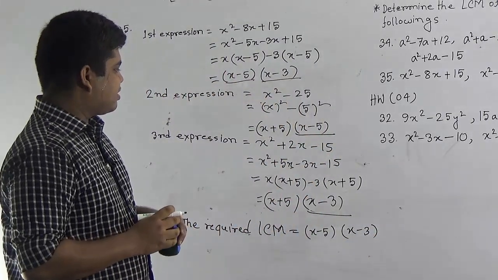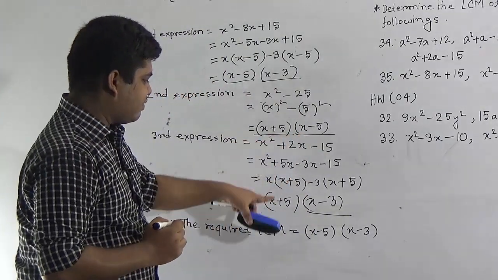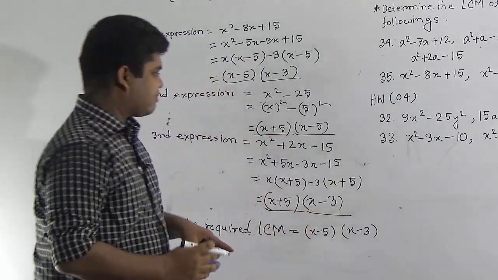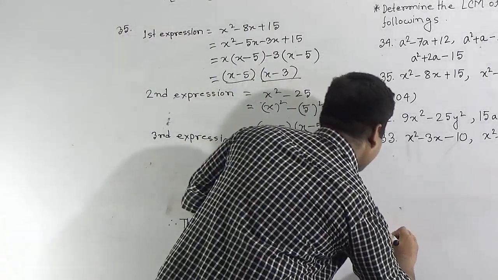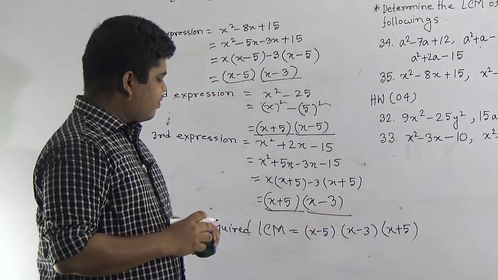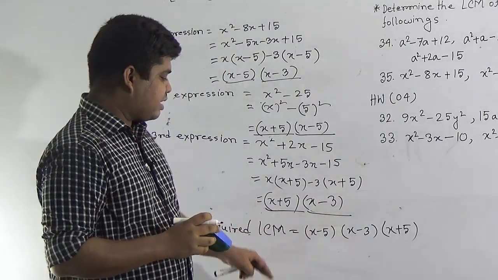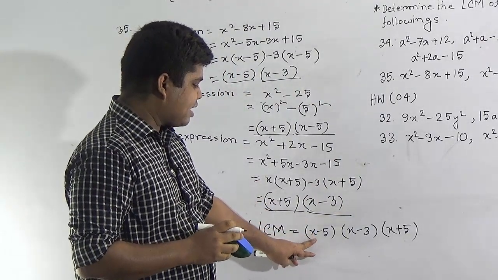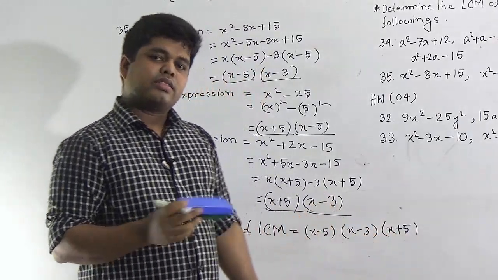My dear students, our another one is x plus 5. Here x plus 5 and here also x plus 5. From these two we take x plus 5 once. Okay. So you can write the answer from this, but if you want to convert this x minus 5 and x plus 5 into a formula, then you can.